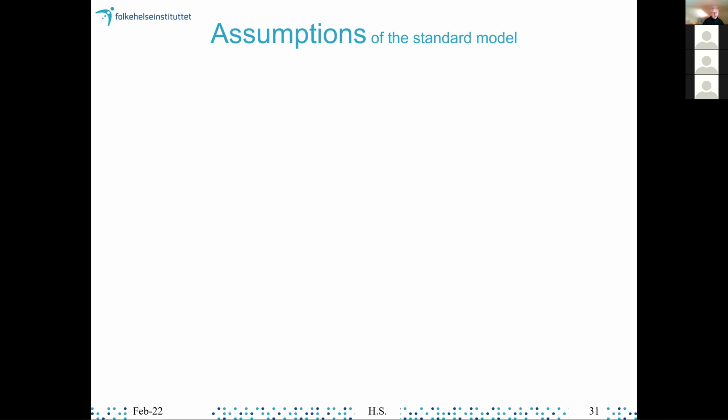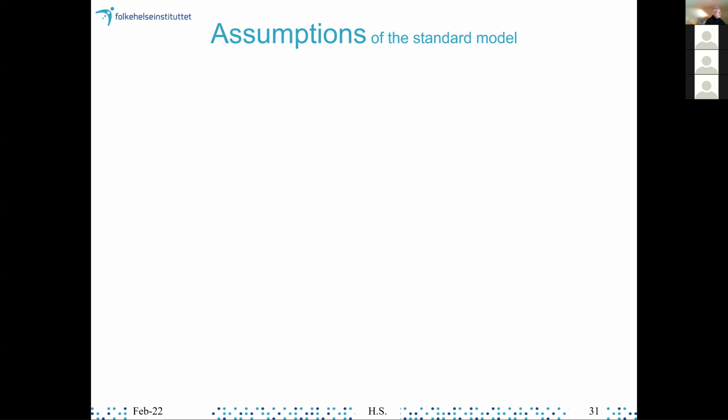Okay, so we used the last session to introduce the flexible parametric models and to show the very powerful predict options. Now we're on to the next very powerful feature of these models, namely the ability to handle non-proportional hazards.